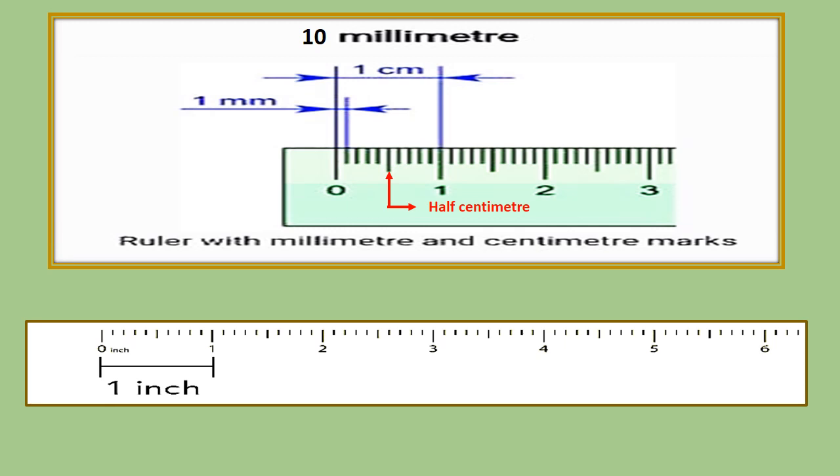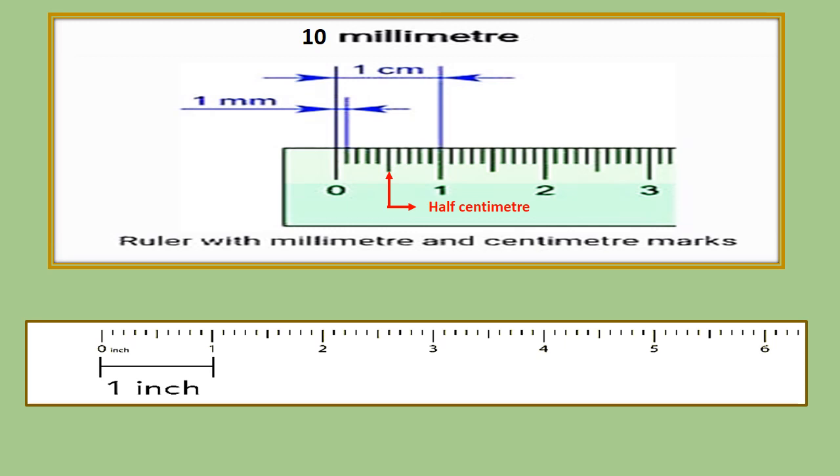The longer lines represent a number in centimeters. The smaller lines between two long lines represent 10 divisions of a centimeter, called millimeters. After each long line, the fifth line is a bit longer than the other lines and represents half a centimeter.